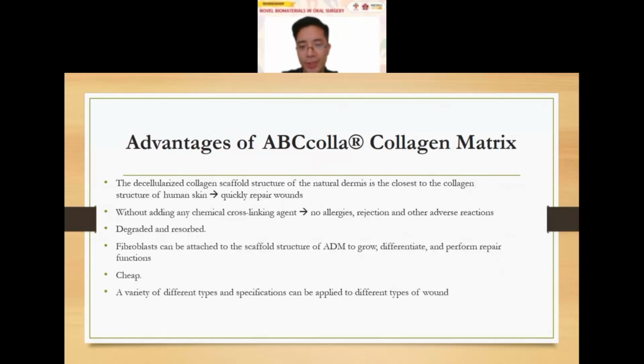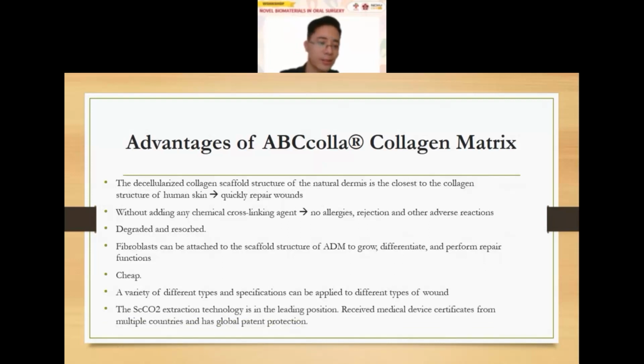Cheap is very important for approving it for many patients because almost all patients are not rich, and when you do it, the patient will have to pay a fee for the material. But the ADM of ACRO is not too expensive.